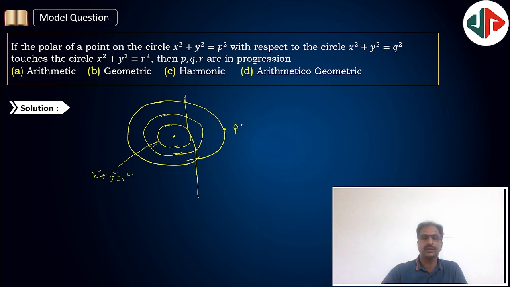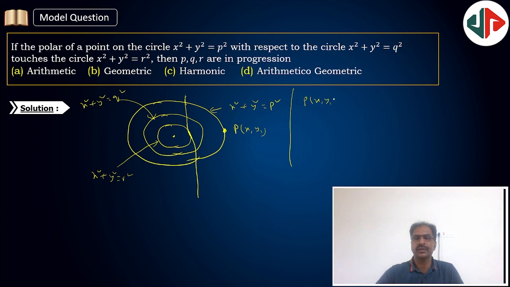And the point is on x square plus y square is equal to p square. And the middle circle is x square plus y square is equal to q square. So polar of this point P with respect to the second circle touches the third circle, like this. Then p, q, r are in which position?